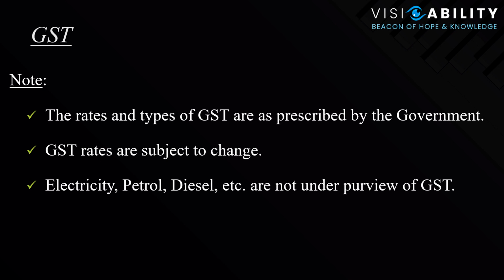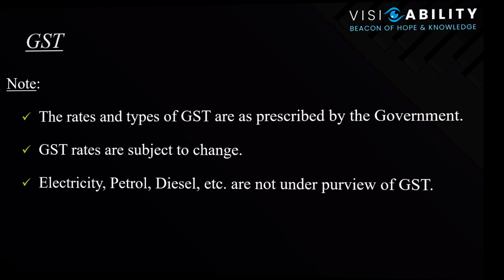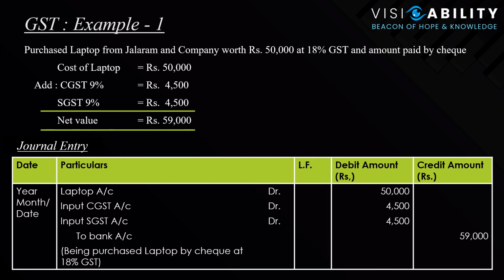Now, the rates and types of GST are always prescribed by the government. An individual cannot decide it, and the rates are subject to change. Electricity, petrol, diesel are not under the purview of GST. Let's take an example. In today's class, we would be taking two examples.